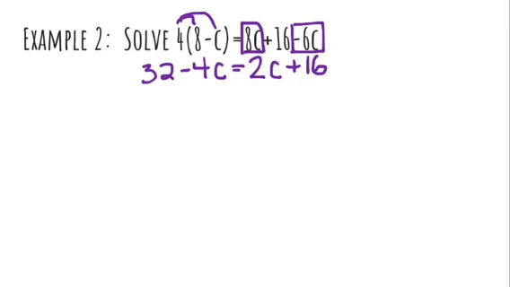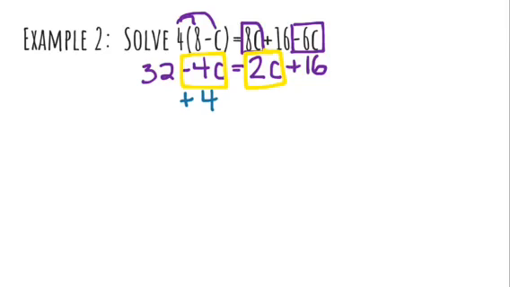Then we've got to get the variables all on the same side. So if I were to box my variables, I see I have them here and here. I always like to move the smaller one. You might have a different way to do it, but I always like to move the smaller one. It helps keep my result positive. So the smaller one is 4c.